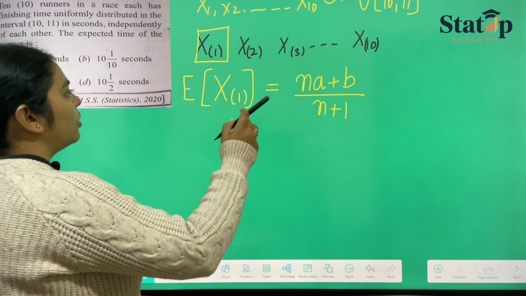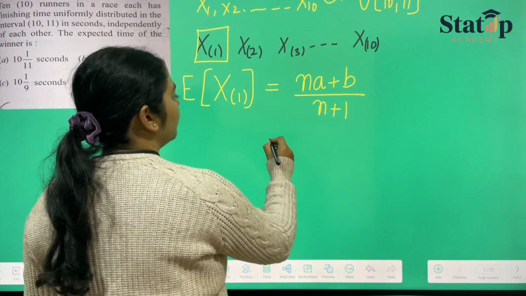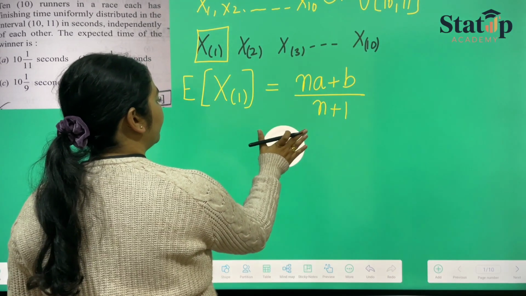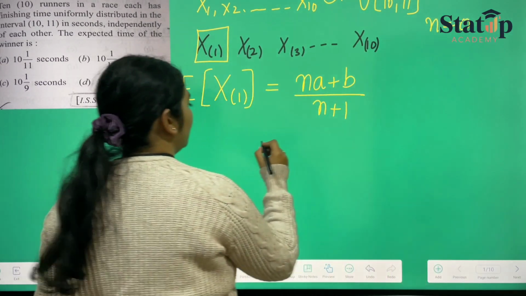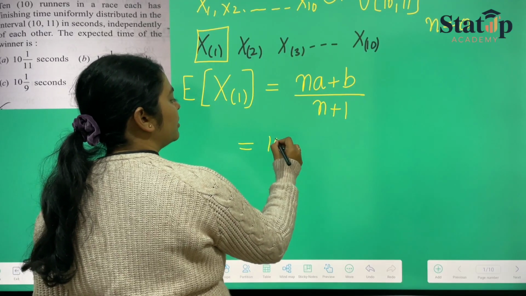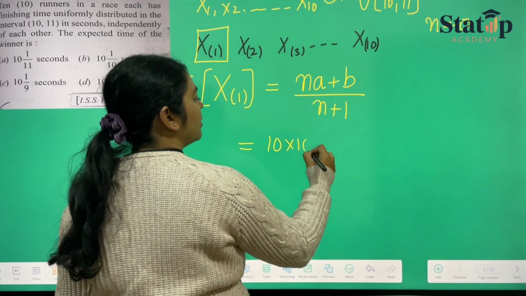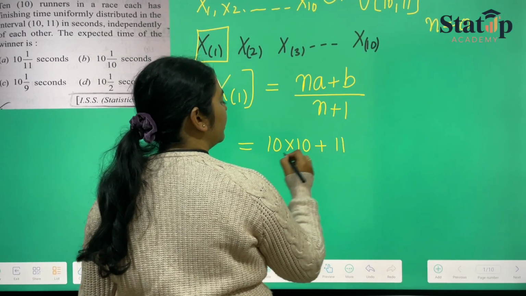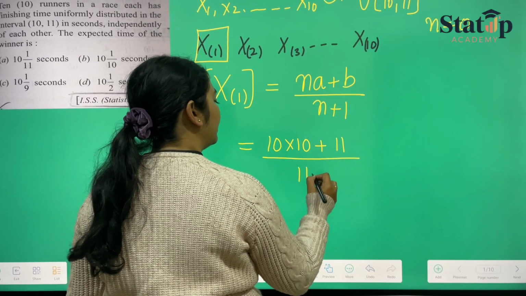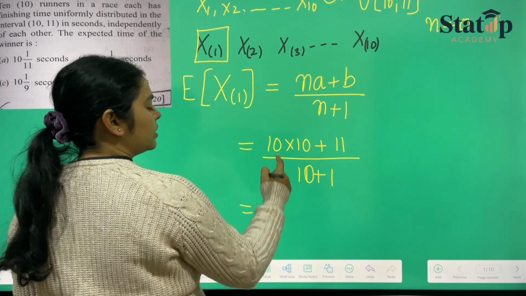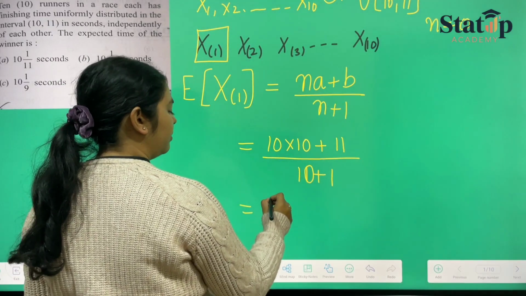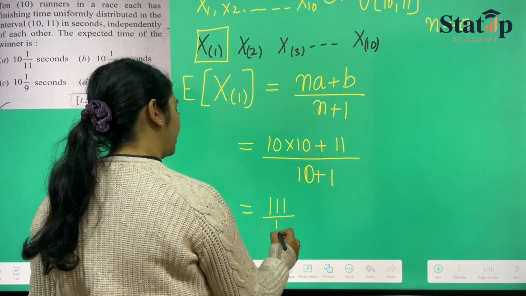So just putting the values of the uniform distribution, here we have been provided that n is the number of runners, which is 10. So putting the value 10 into the lower limit, 10 plus 1, 11 upon 11 plus 10 plus 1, which is 100 plus 11, which is 111 upon 11.